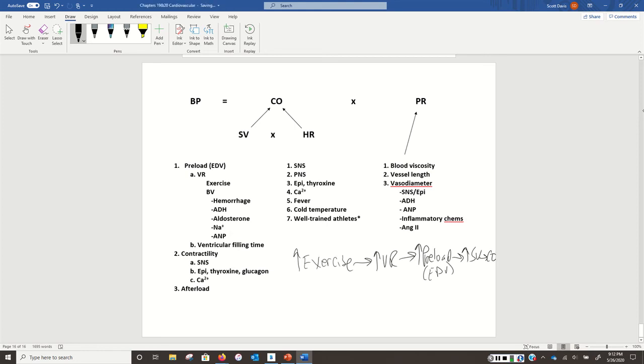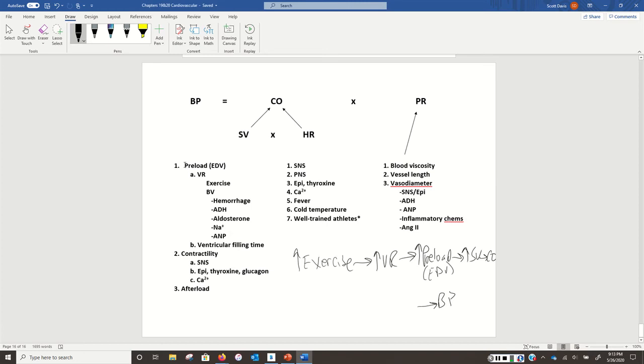I've run out of room here, so I'm just going to continue. When there's an increase in cardiac output, there's an increase in blood pressure. All we did was work our way up. So when we're exercising, there's an increase in venous return. When there's an increase in venous return, there's an increase in preload, or EDV.